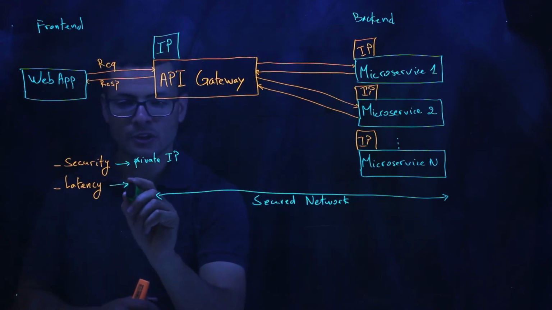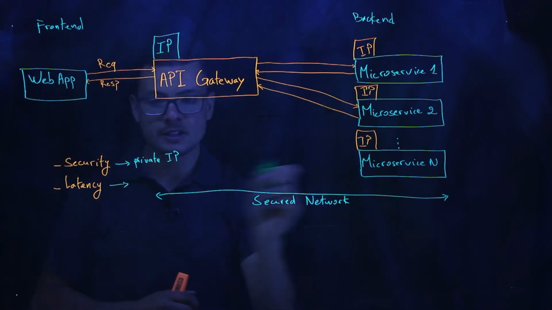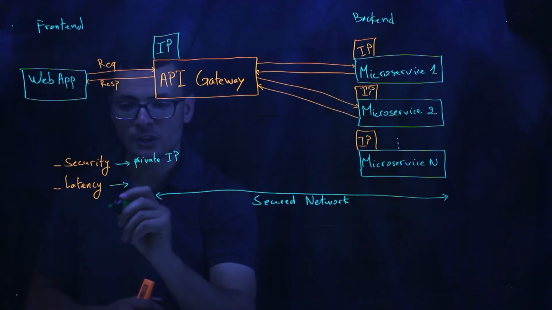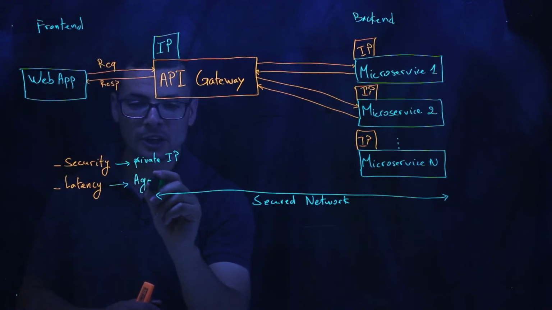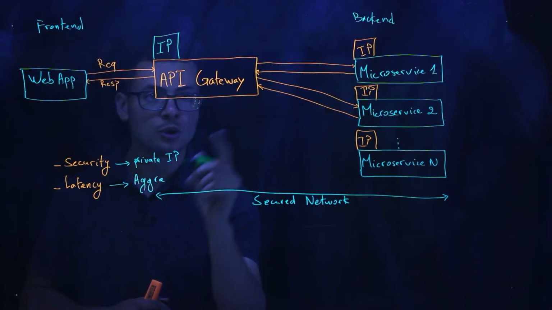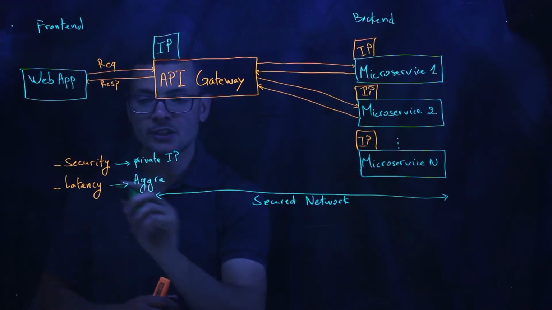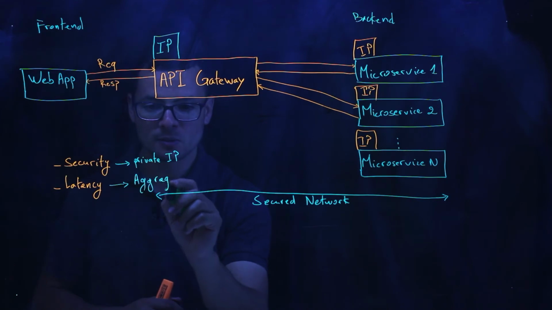So that's why here, instead of having the latency between the front end and the backend, we can use the aggregate pattern in order to reduce the latency of the requests.